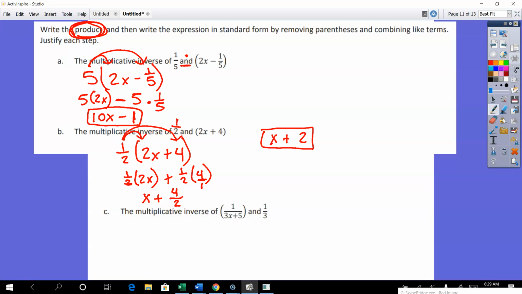The multiplicative inverse of 1 over 3x plus 5, so the opposite, so 3x plus 5 over 1. We don't have to put it over 1, but just so it's easier to see. Sorry, this was in parentheses, which makes that look weird. I'm just going to erase these parentheses right here.